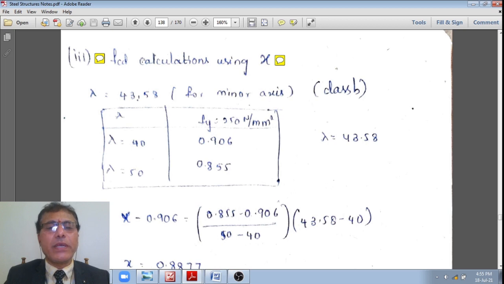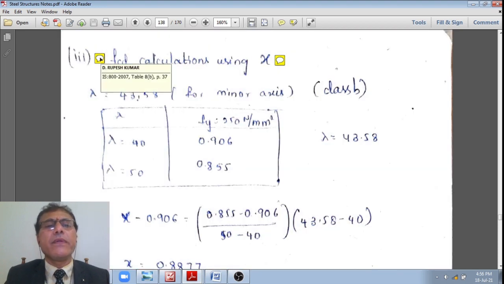You may have a doubt, sir, why only the minor axis has less load, why not the major axis? That's why I'm explaining it elaborately about the minor axis as well as the major axis using all three. One formula uses tables 8A, 8B, 8C, 8D. Now I am using those tables with the stress reduction factors.